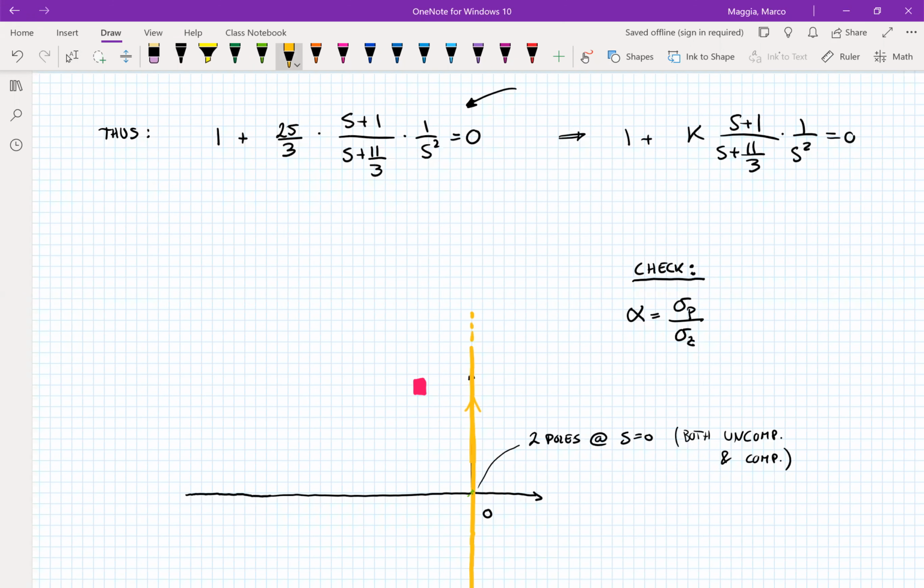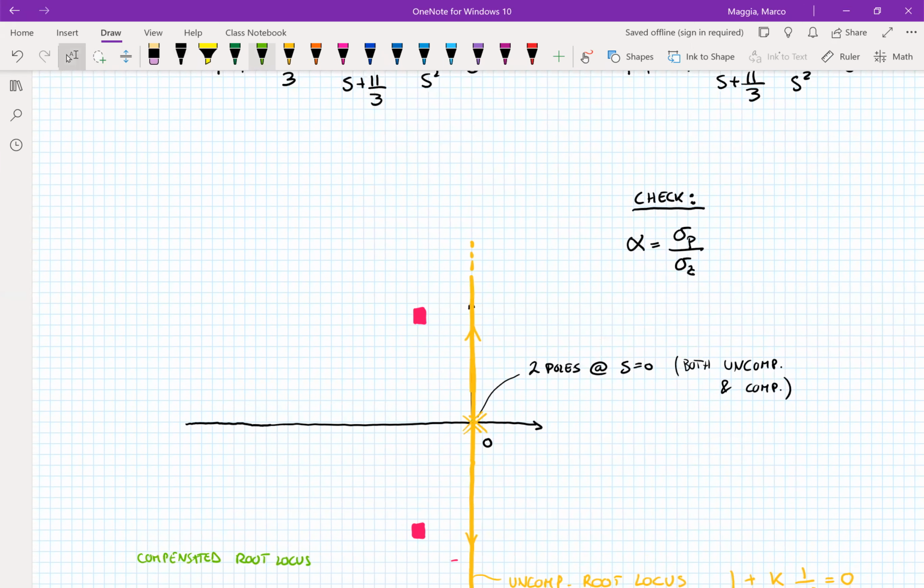We still have the two poles at the origin. So I'm going to use now the green color for the compensated system. We still have the same two poles, but now we have a zero at minus 1, and we have a pole at minus 11 over 3.